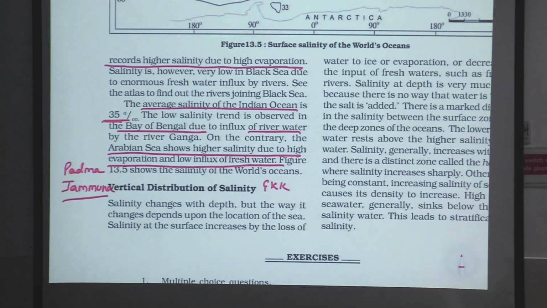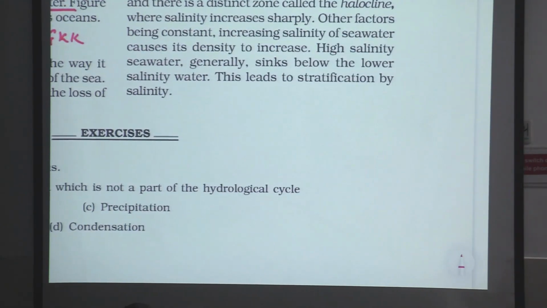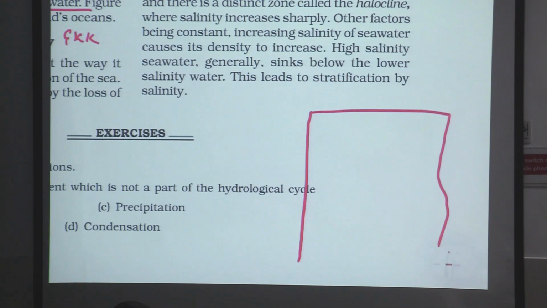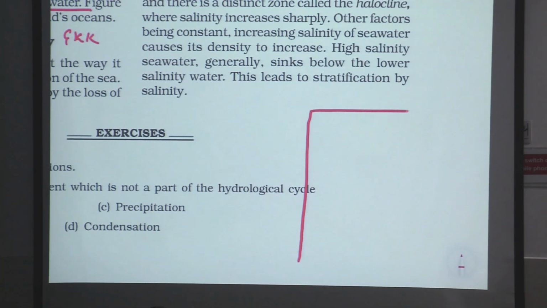And apply the same logic here, vertical salinity pattern. Which are the factors that influence ocean water salinity? It is influenced by prevailing temperature, incoming solar radiation, surface water, prevailing wind and so on.